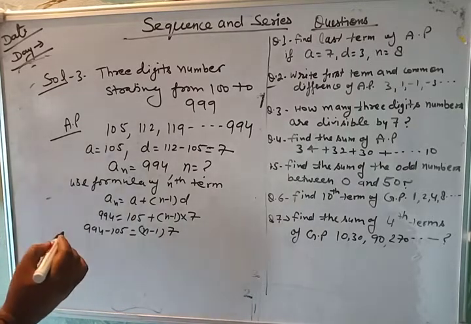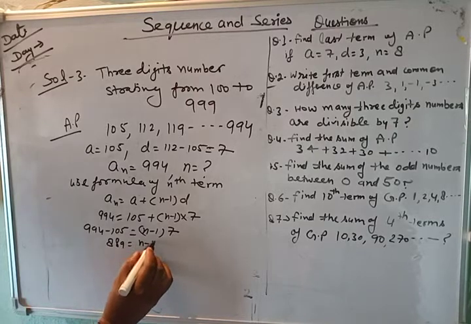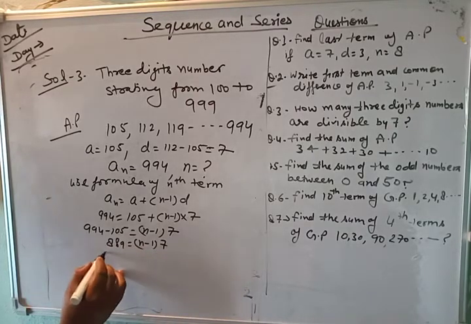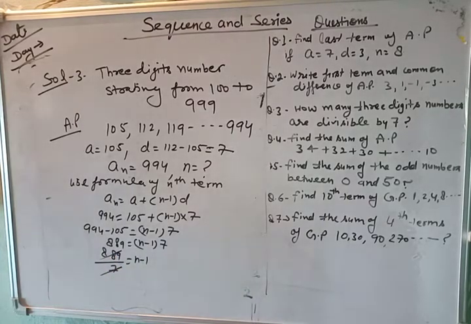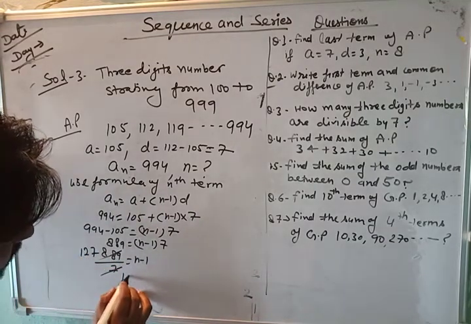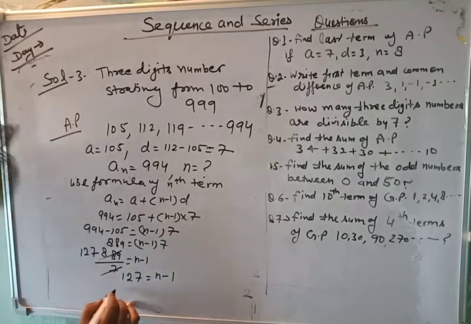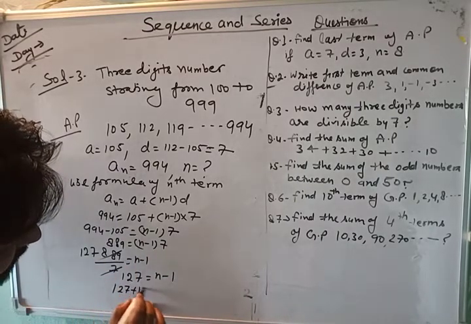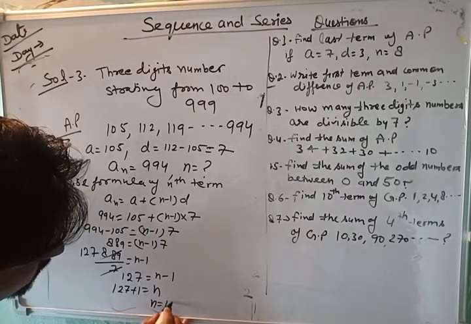Here 889, dividing by 7, 889 by 7 equal to n minus 1, that is 127 equal to n minus 1. Transpose of minus 1, so minus 1 on the other side becomes plus 1 equal to n, so n equal to 128.